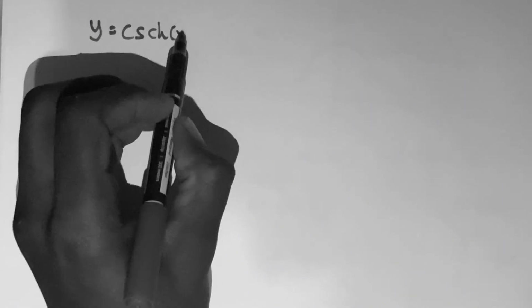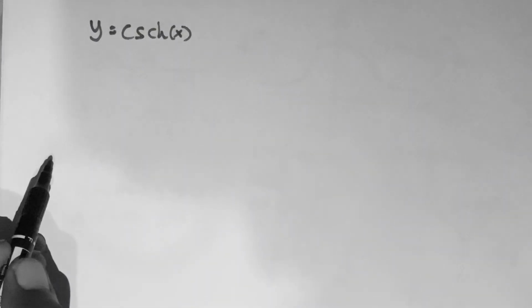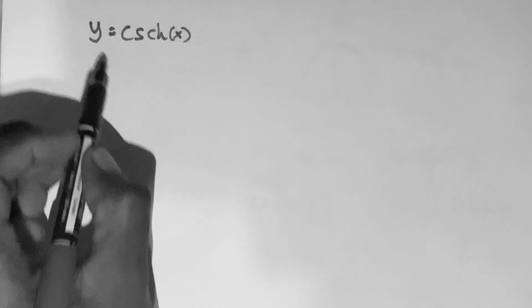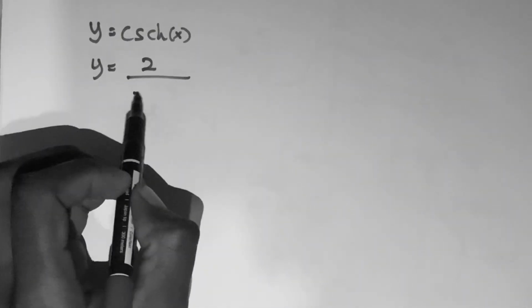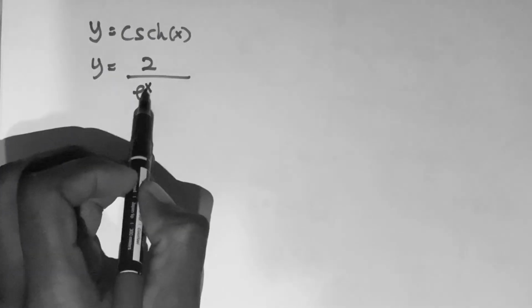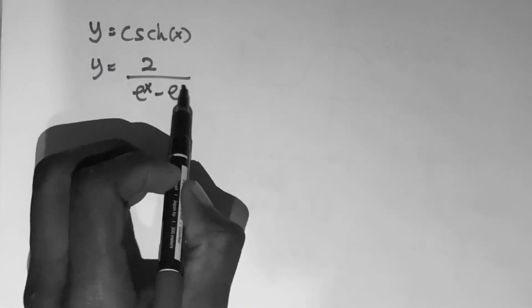What if y is equal to cosec inverse of cosec x? How will the graph of y equals cosec x look like? So y equals cosec x is defined as 2 divided by exponent x minus exponent minus x.